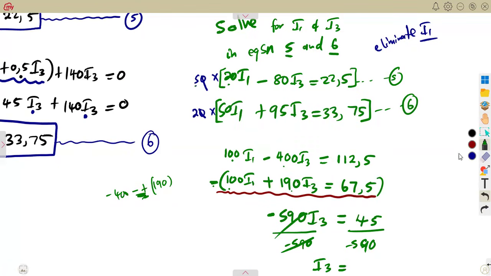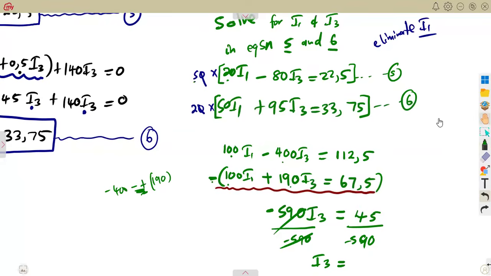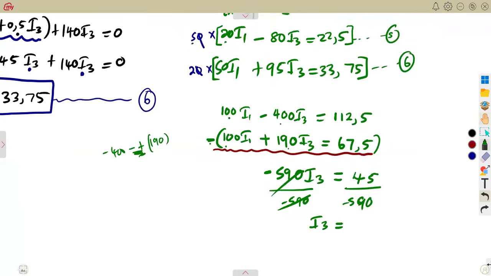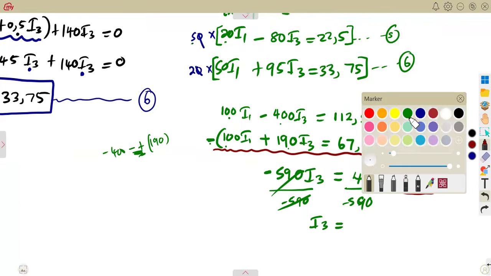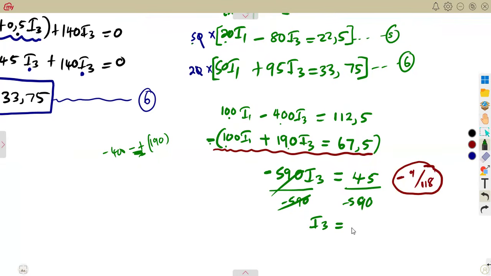If you check on your calculator, the first thing that you get after dividing is negative 9 over 118, which you can write as a decimal to 3 decimal places as negative 0.076. That's our current.